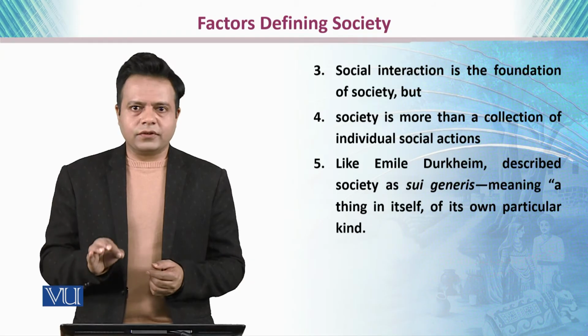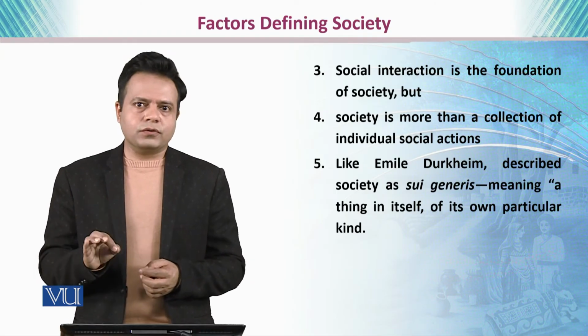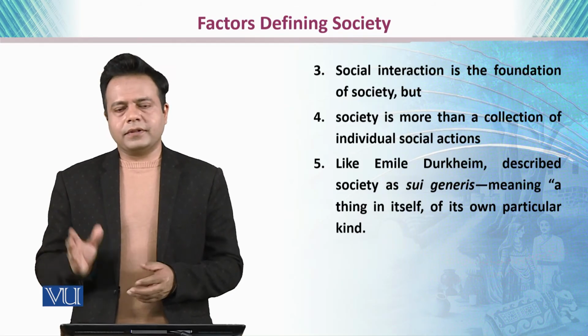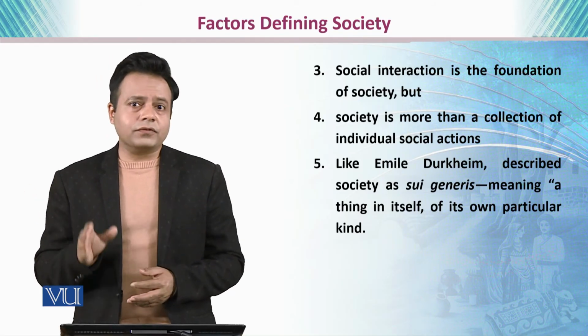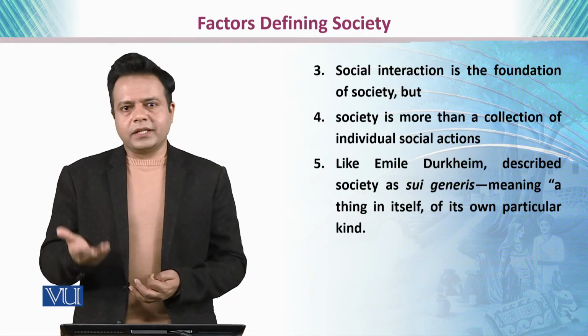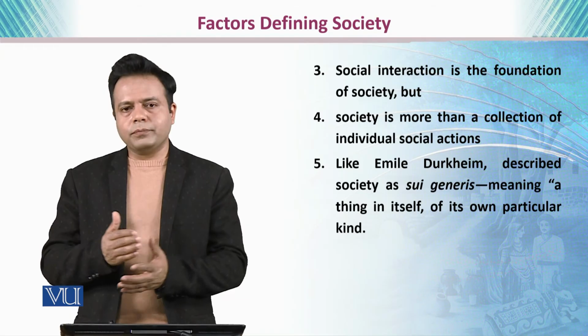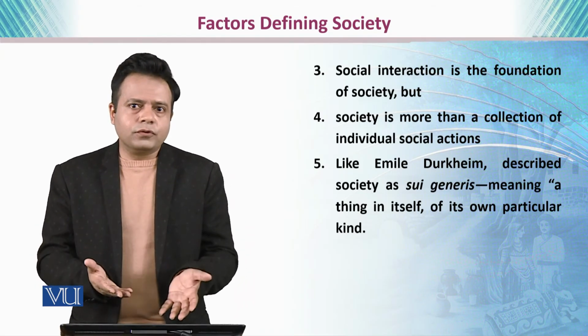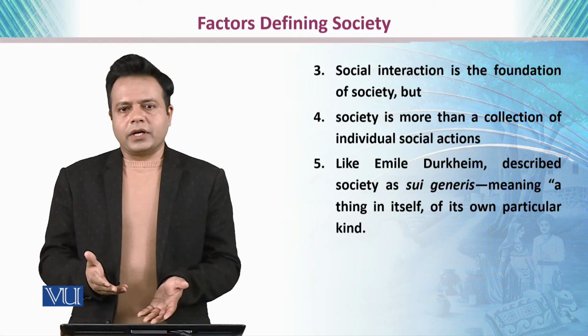In a way, it does not depend on an individual or a person. If, for example, a person dies, the tasks of that person are very easily replaced by society, because there are other people readily available through the process of socialization to replace those members who die in a society.